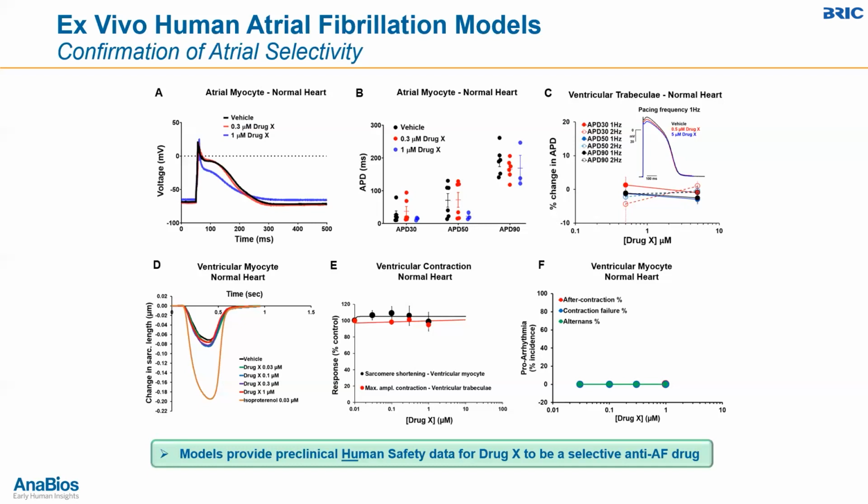Also, we tested the compound effect on ventricular myocyte contractility and on force of contraction measured from ventricular tissue. Again, the compound had no effect to modulate contractility and did not show a potential to be proarrhythmic. So this is how we can confirm that the compound is atrial selective and has no potential to cause cardiotoxicity when it comes to ventricular function.